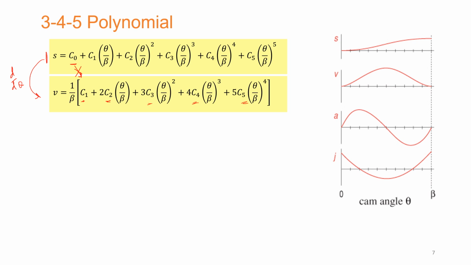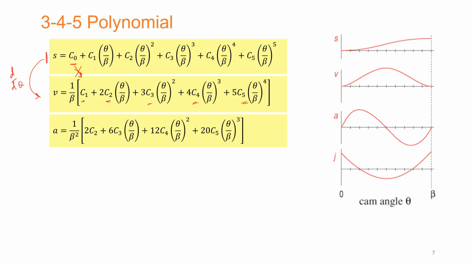So when you take another derivative, you are going to find out expression for acceleration, and this is exactly what we have achieved right over here. You take another derivative, you are going to find out this as the acceleration.